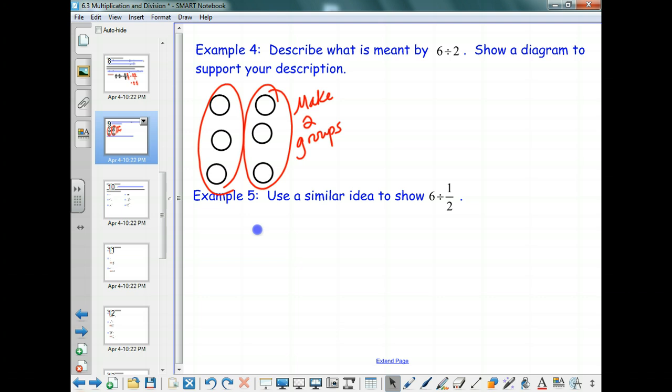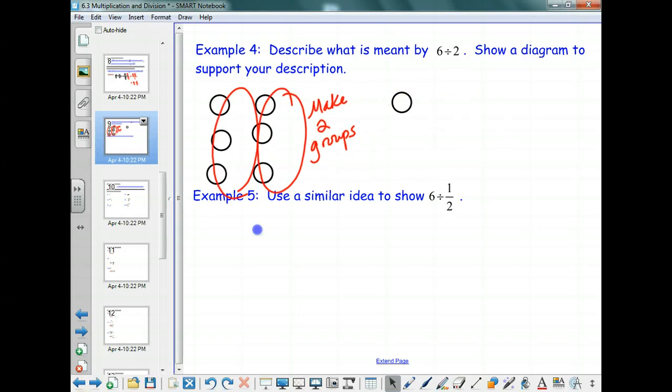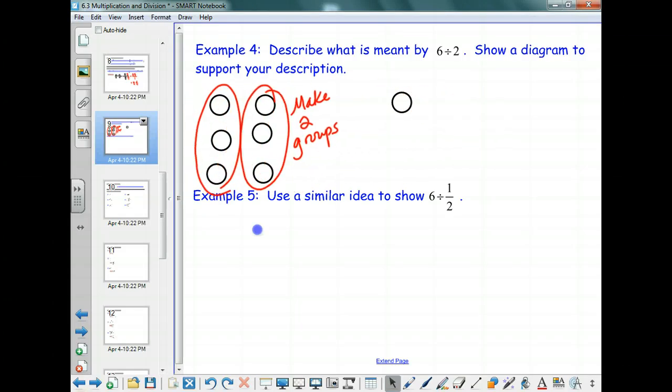Now, if we have that description in our mind, it becomes very difficult to talk about 6 divided by 1/2. How do I make 1/2 groups? Kind of extend it, but it's not very helpful. So consider doing this instead. Okay, that wasn't so smooth.